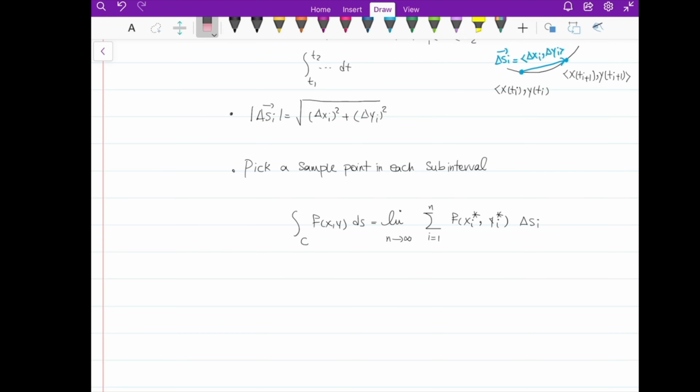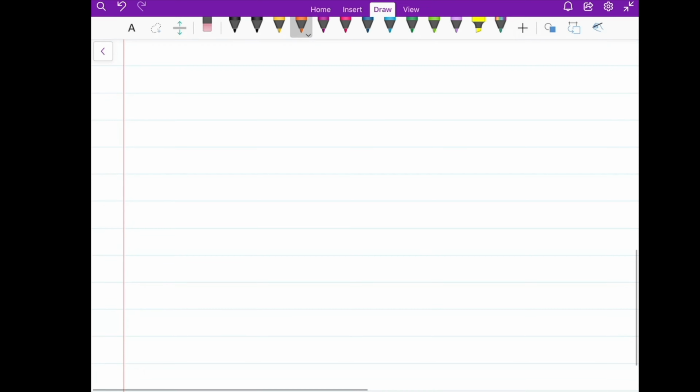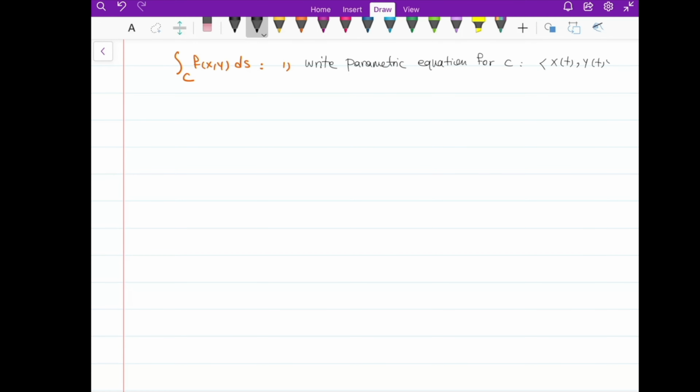So let me basically summarize what we did, and then we can go over one example. So we're going to take the integral of f of x and y ds over the curve C. The first step is to write a parametric equation for C. So I can use x of t, y of t.